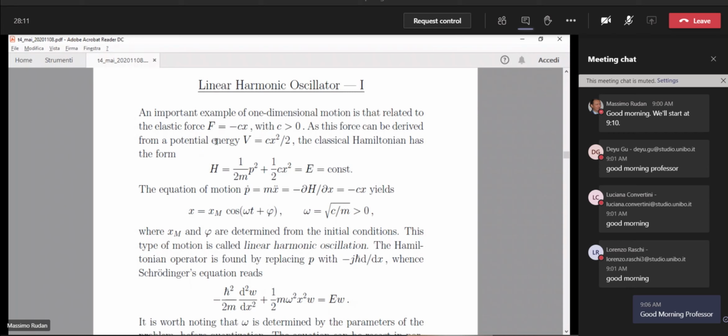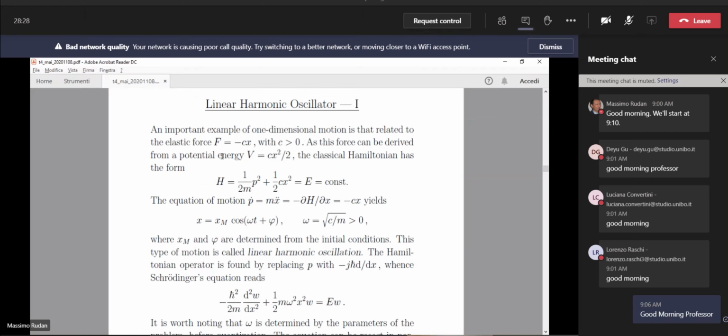You see the definition of the angular frequency is the square root of C over m. So we extract C as m multiplying the square of the angular frequency, and we replace it in the equation. So the potential energy is written 1/2 m omega squared x squared times w.